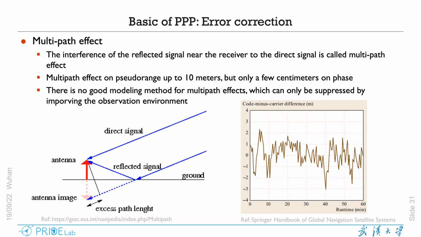The pseudo-range data are more affected by the multipath effects, which can be up to 10 meters, but the carrier phase is less affected. Normally the largest noise caused by multipath on the carrier phase is only a few centimeters, but this can still limit the carrier phase data processing and will reduce your position precision to the centimeter level.